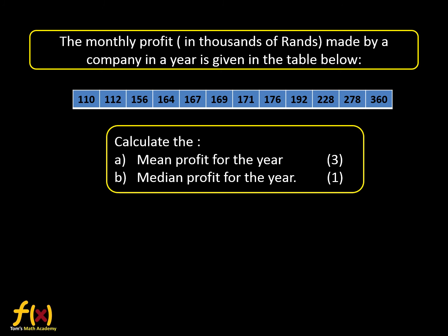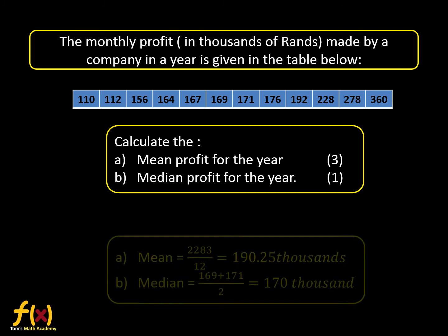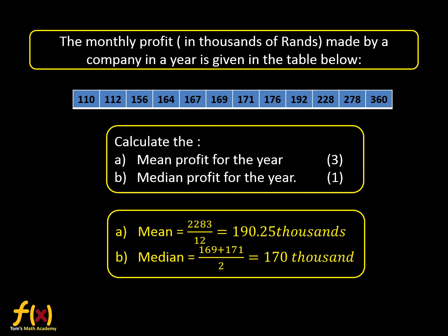So we add all the profits. So when you add, you get 2,283,000. And you divide by how many numbers? 12. So divide by 12, you get 190,25. But it is not the answer. 190,25 thousands. Remember that.